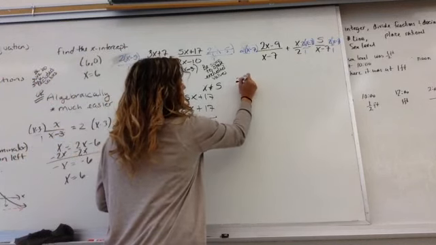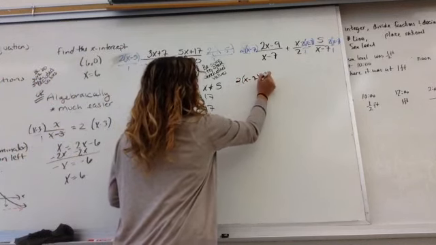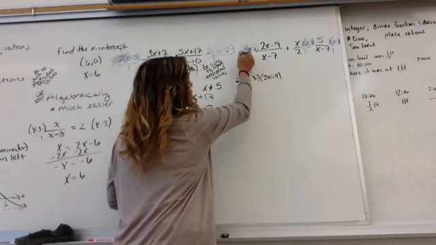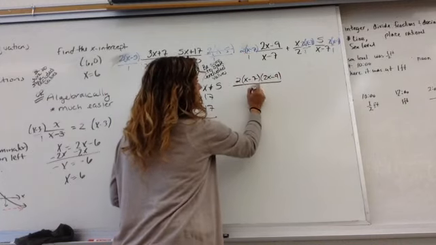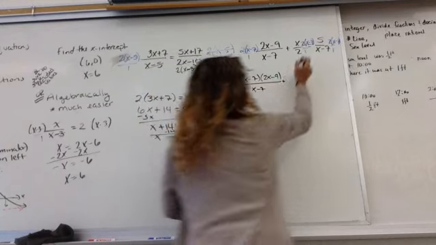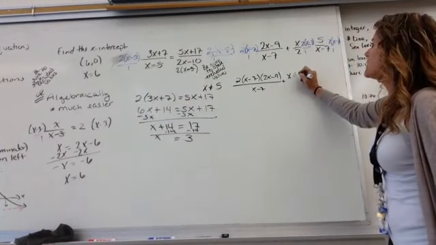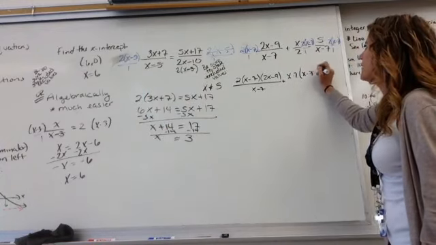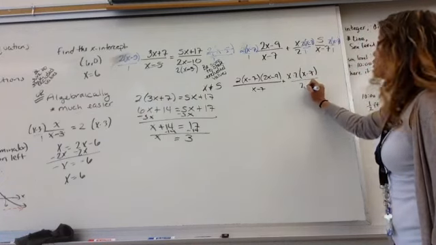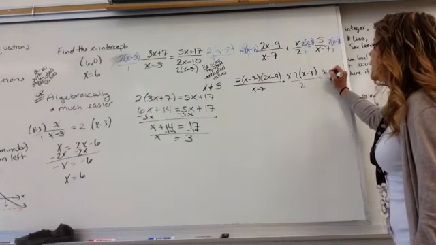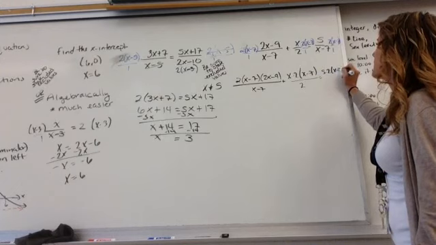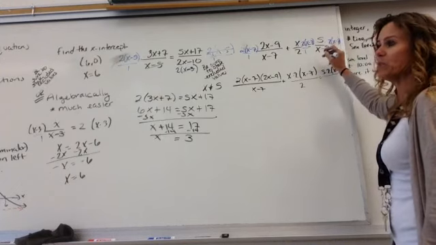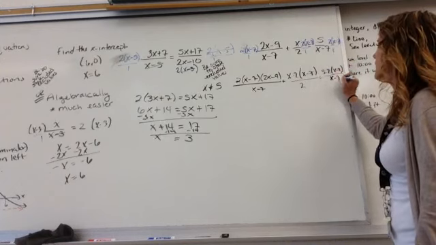I have a 2 times x minus 7, 2x minus 9 on the numerator. This is a 1 on the denominator. Denominator has an x minus 7. Plus, numerator, we have an x times 2 times x minus 7. Denominator is still a 2. Equals 5 times 2 times x minus 7. On the denominator, if I multiply x minus 7 times 1, I get x minus 7.